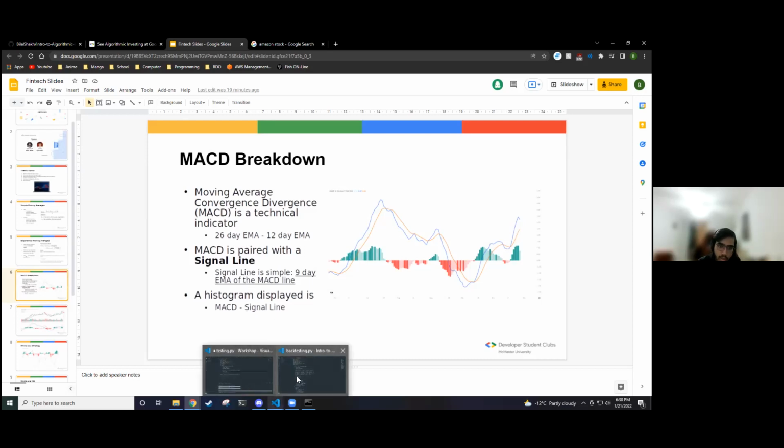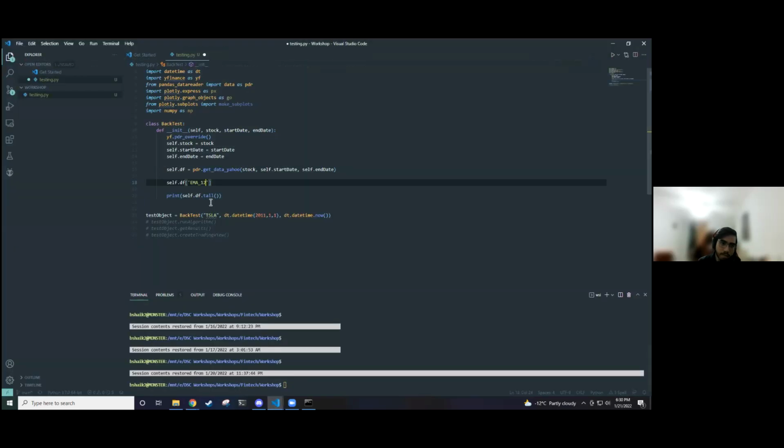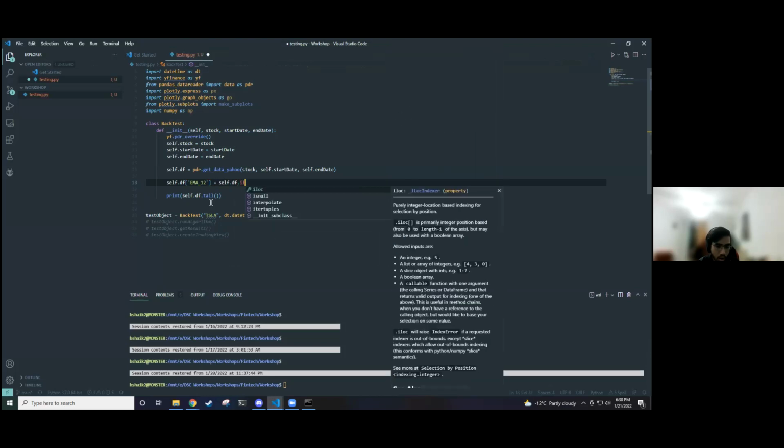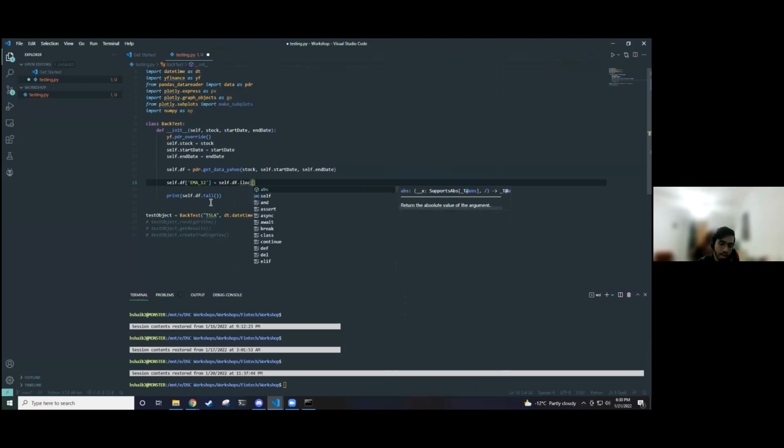So let's go back to this. Yep. So we're getting the 12-day EMA right there. self.df.iloc, and what this essentially does is you select the columns and rows from your table.